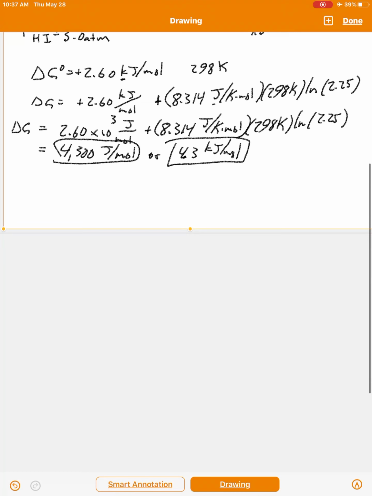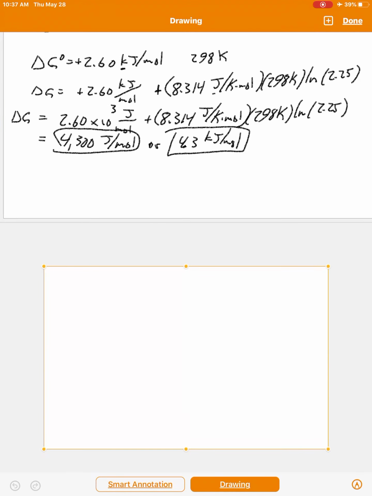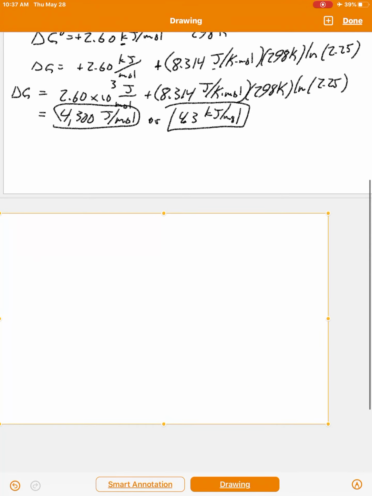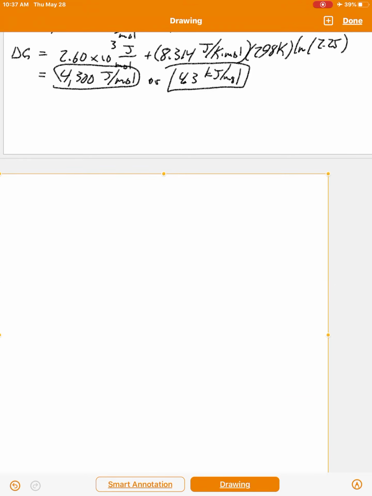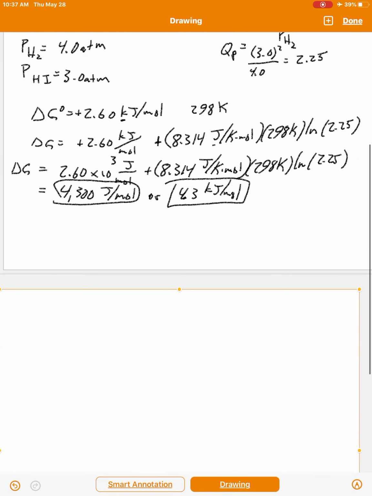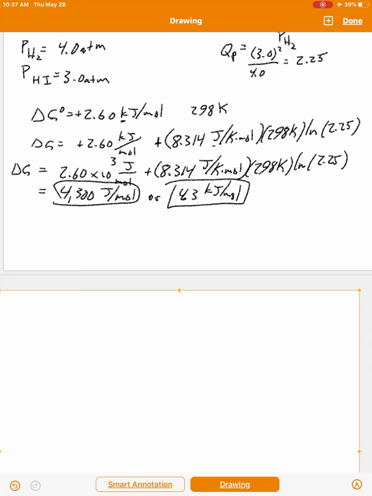Now suppose I change my initial conditions. Suppose I'm no longer going to use 3 atmospheres for HI and 4 atmospheres for H2. I'm going to keep the pressure of H2 at 4, but now I'm going to change the pressure of HI to 1.